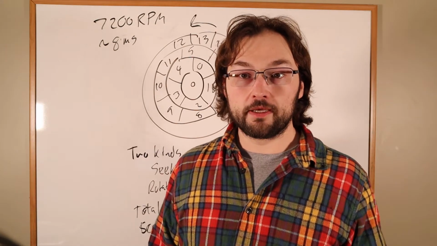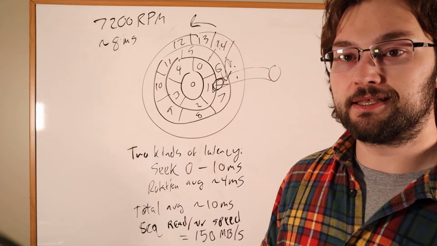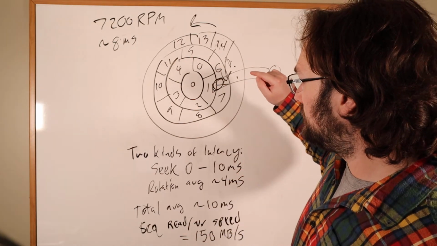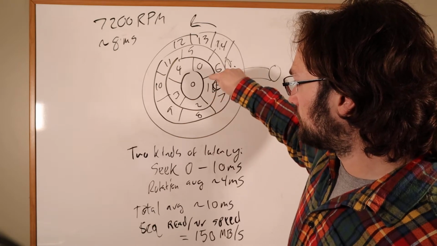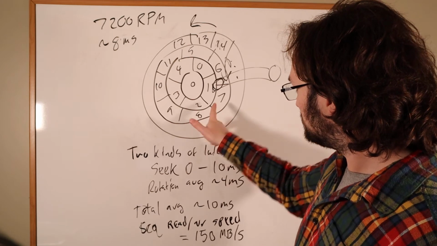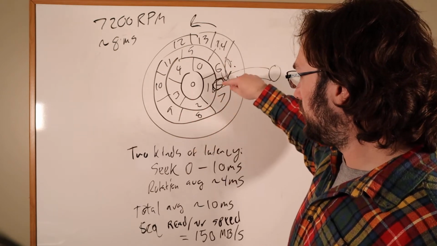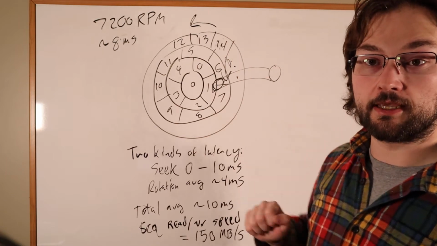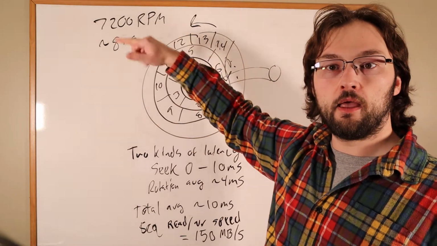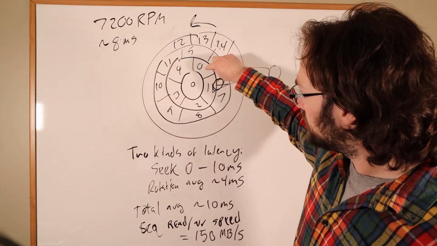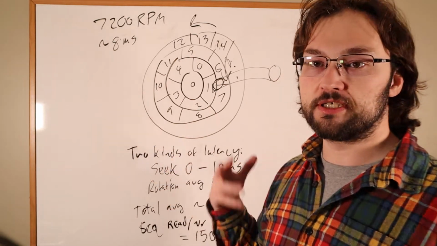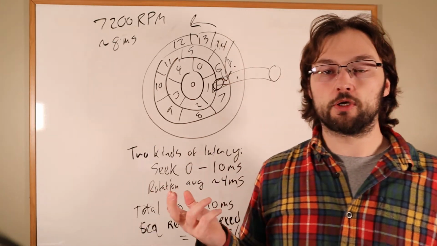And that's one of the important things here with a hard disk, is that when we're doing sequential reads, we don't actually have to wait for anything. If we want to read block 0, then 1, then 2, then 3, then 4, we point the head at 0, which is going to take us 10 milliseconds to seek, and then we just wait for the thing to spin, and with the thing spinning under us, as we read one block, we'll move on to the next block, and we'll get to read the next block that we want, and there's no seek latency during a sequential read or write.